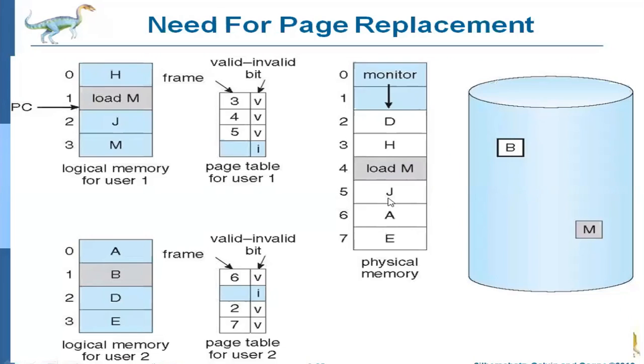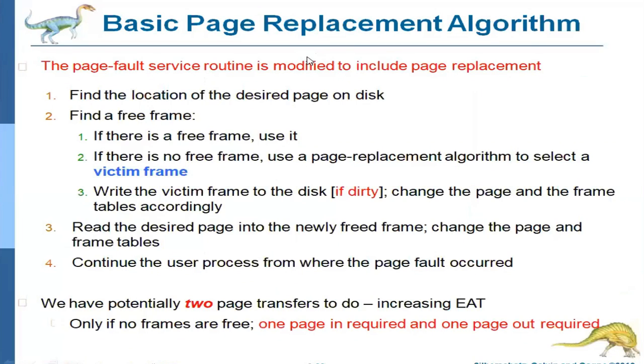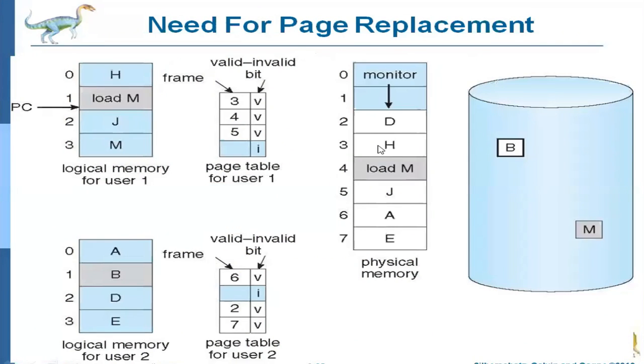So what will it do? Any unused page can be swapped out to the disk, and the required page is loaded into its place, and the process is restarted again. And here update the values also. See here, logical memory for user 2.